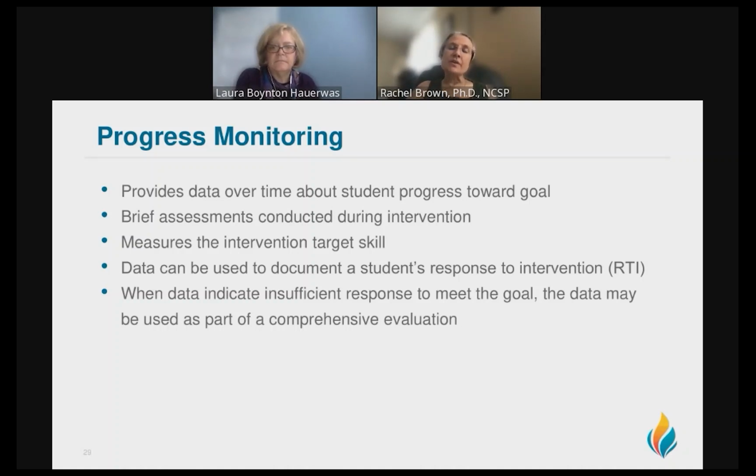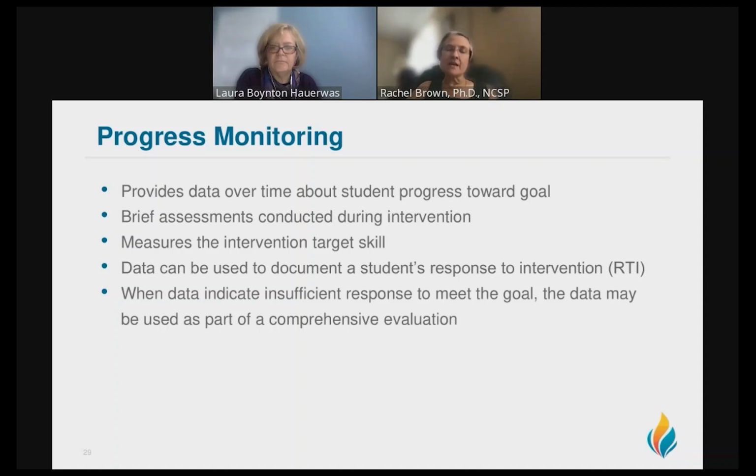And when we're looking at such data, typically what we are going to see for a student who indeed presents with dyslexia is that the student does not make effective progress in supplemental intervention provided with fidelity in the way that a typically developing reader would.